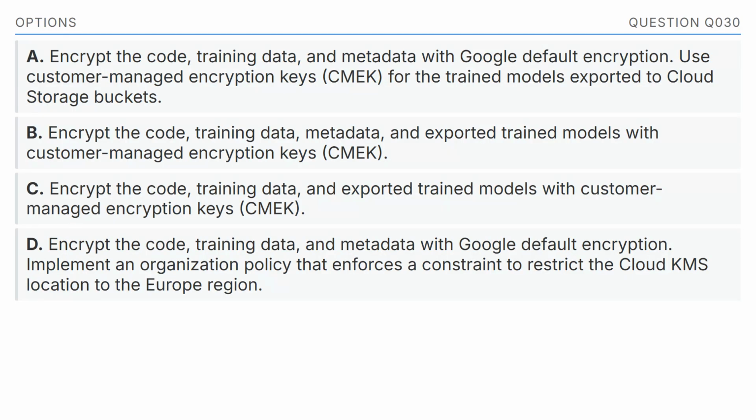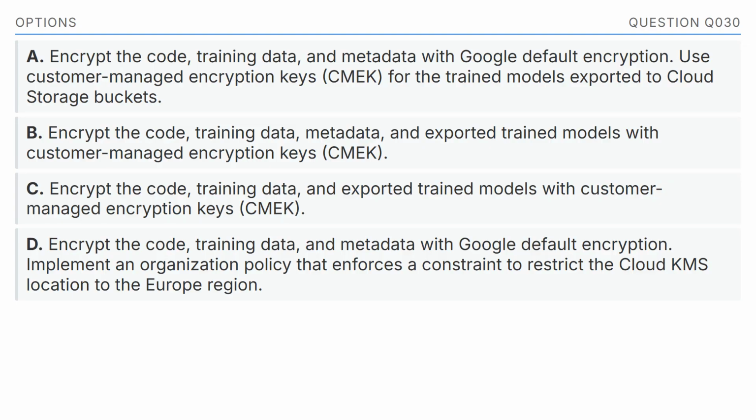The options are: Option A, encrypt the code, training data, and metadata with Google Default Encryption. Use Customer-Managed Encryption Keys, CMEK, for the trained models exported to cloud storage buckets. Option B, encrypt the code, training data, metadata, and exported trained models with Customer-Managed Encryption Keys, CMEK.